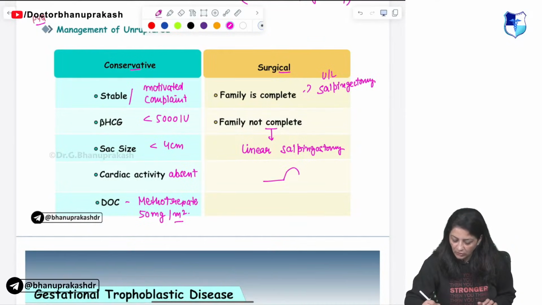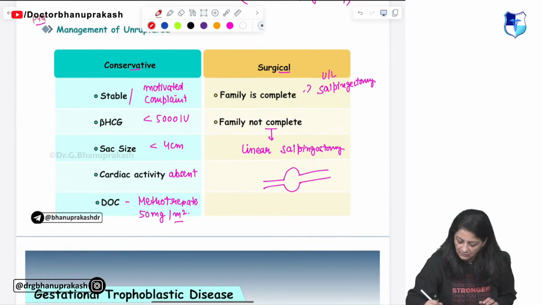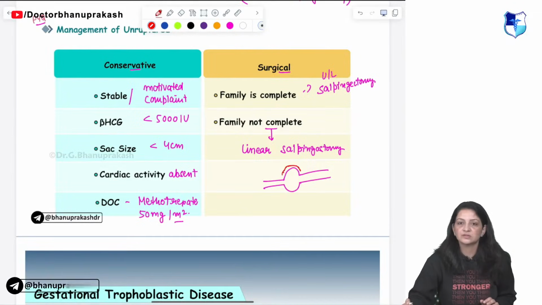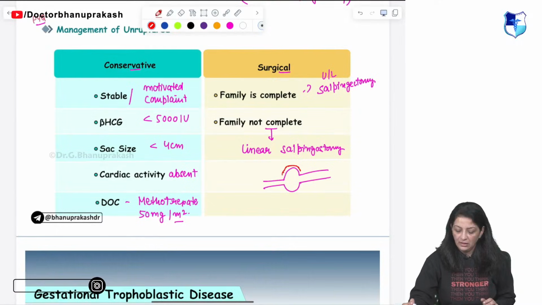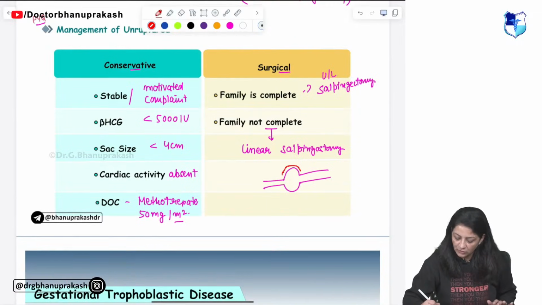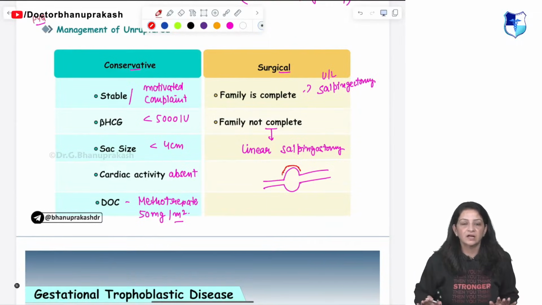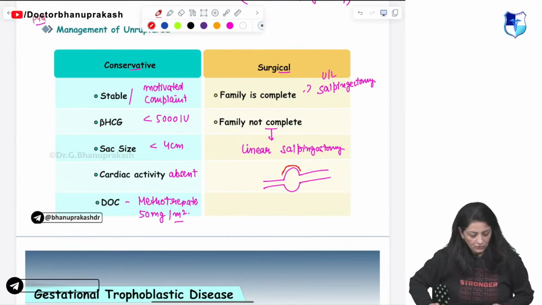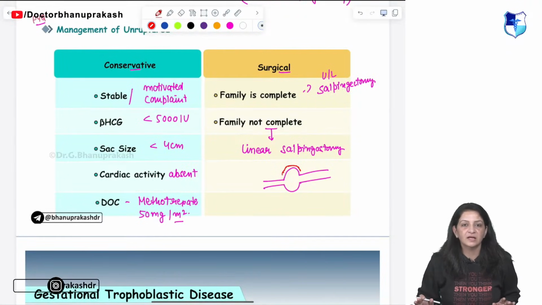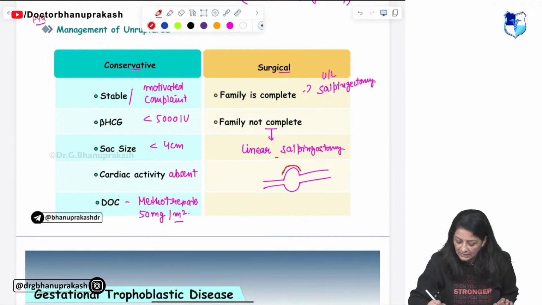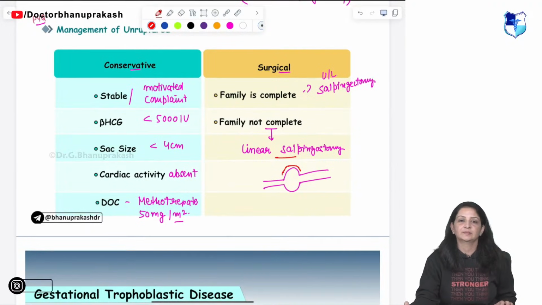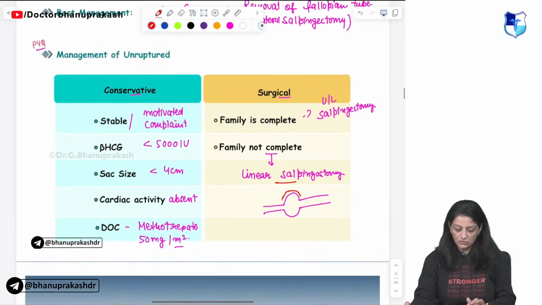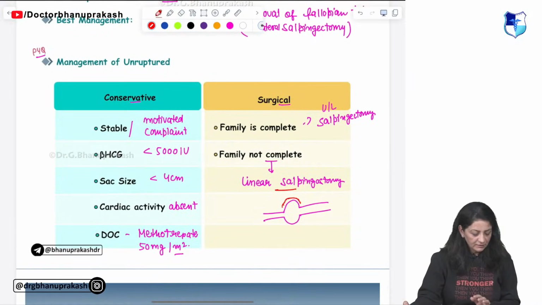Suppose this is an ectopic pregnancy, just give an incision here, linear salpingostomy. With hydrodissection, remove the product of conception, then leave this area open. No suture required. Leave this area open. So this is called linear salpingostomy. So this is all about ectopic pregnancy.